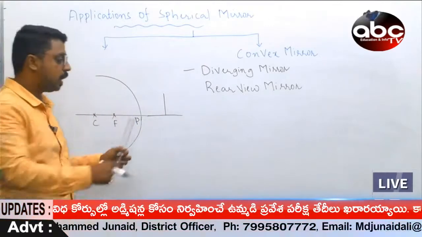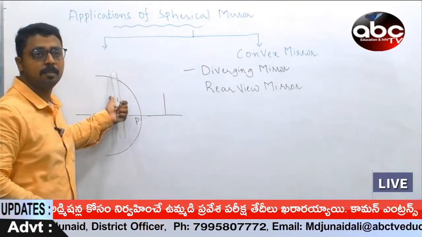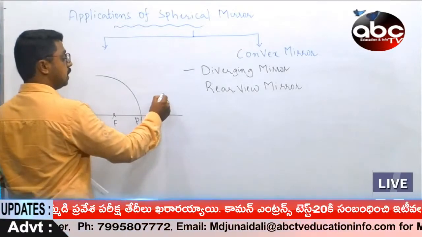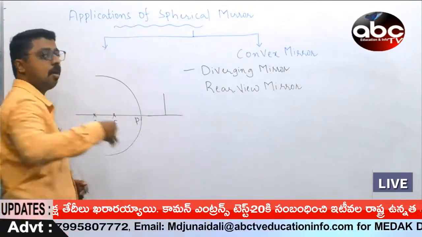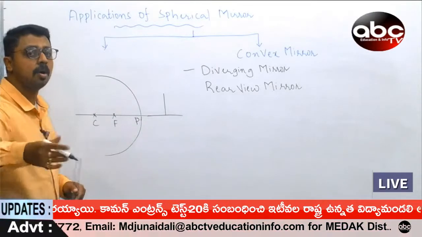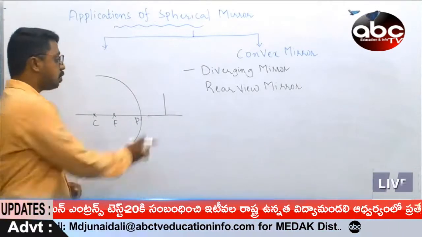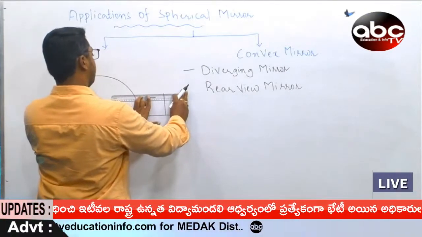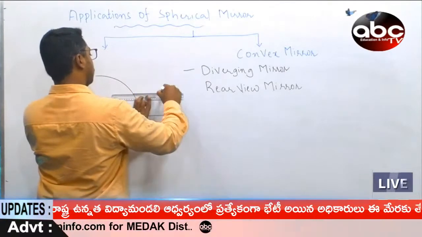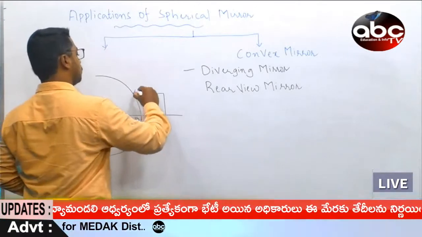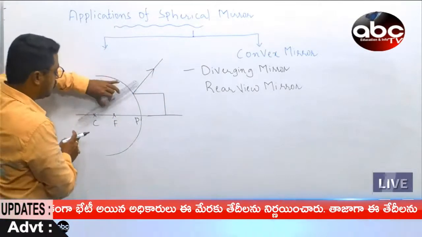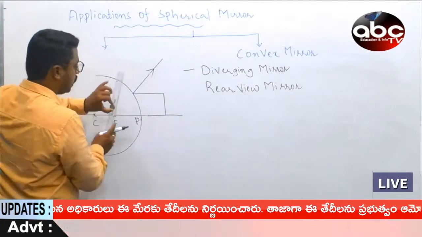Let us say we are driving like this. This is my left mirror. The object is some automobile, auto, car, bike or cycle. How should I see this? Just before, we observed that a parallel ray moves away from the mirror, and it is focused on extension here.